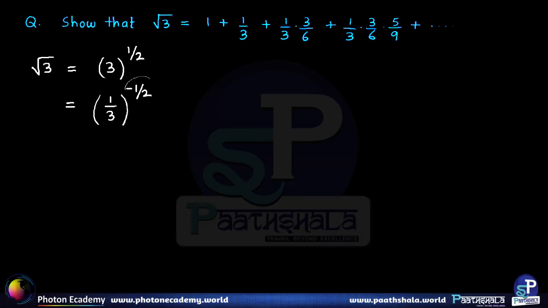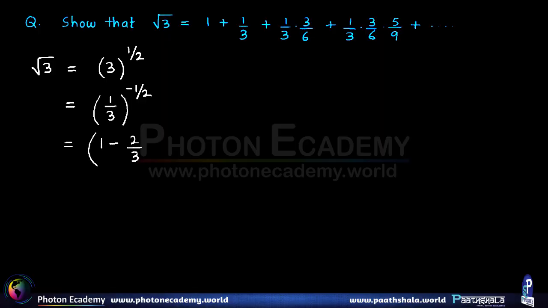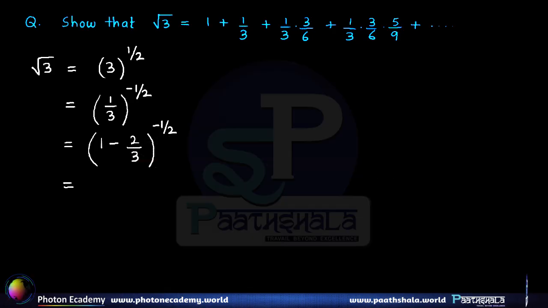Now we get a negative index, and it's easy to rewrite 1/3 as (1 - 2/3) raised to minus 1/2. And now you see that this minus 2/3 is numerically less than 1, and we have also got one term as 1 here. So now we can definitely use the expansion for negative index minus 1/2.